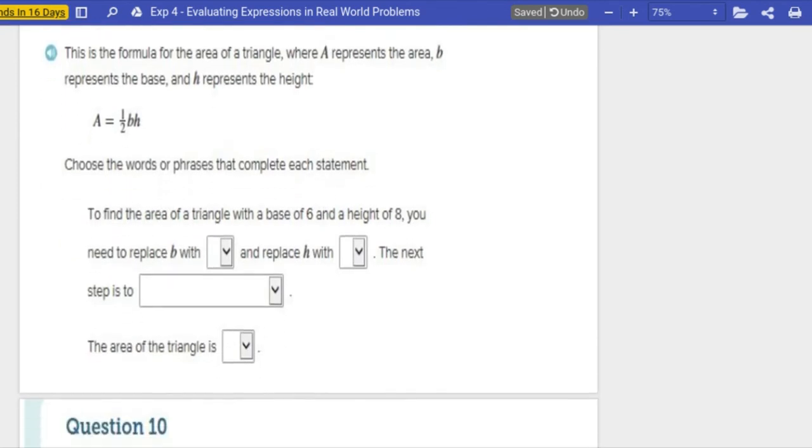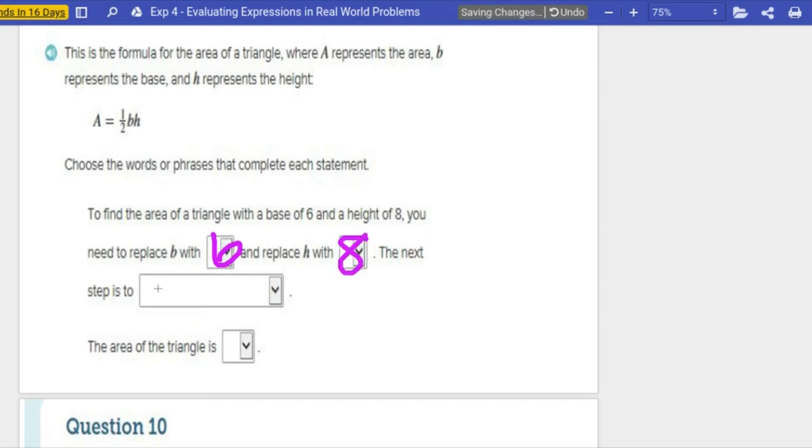All right, this is the formula for the area of a triangle, where A represents the area, B represents the base, and H represents the height. Our formula is area equals 1/2 the base times the height. If we have a triangle with a base of 6 and a height of 8, we replace B with 6 and H with 8.